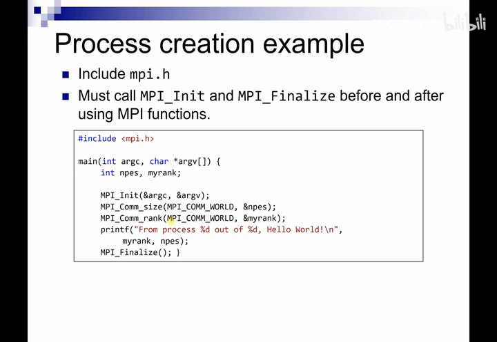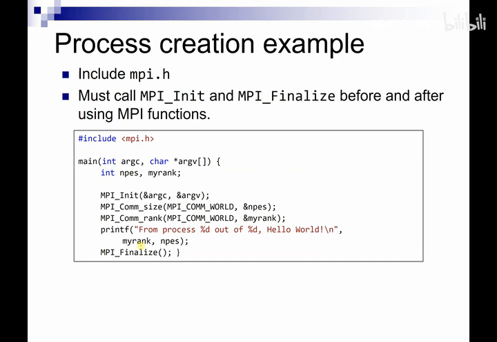Again, you need to call this with MPI comm world because you need to say which group of processes I'm looking for my rank within. If you have multiple communicators, then the same process could actually have different ranks in the different communicators. So here we're just looking at the default communicator that MPI creates when you call MPI init.